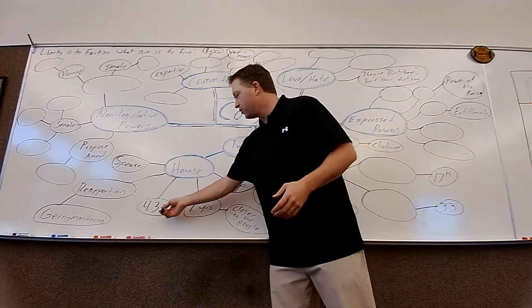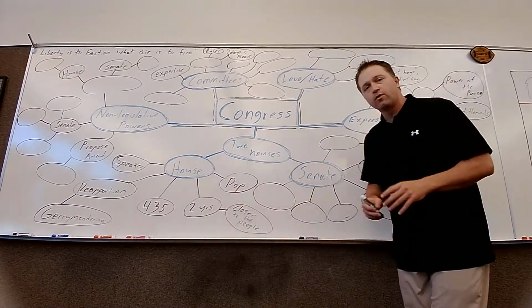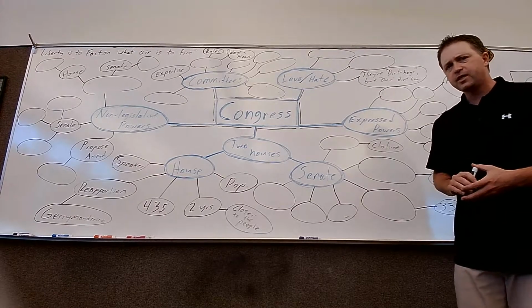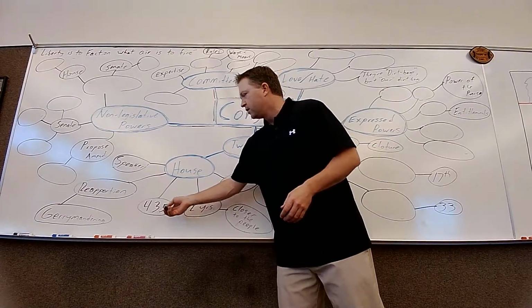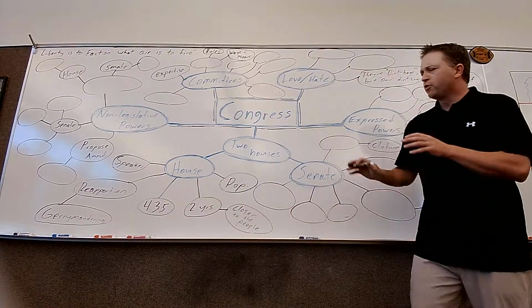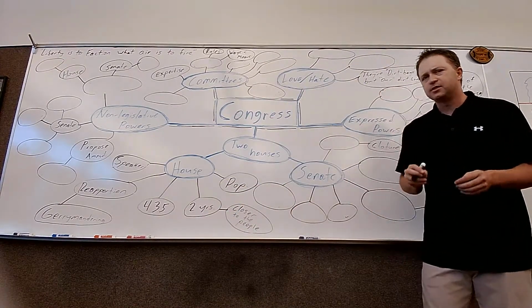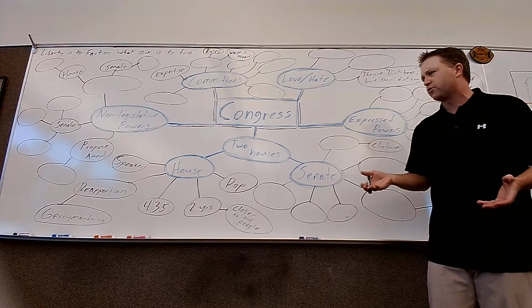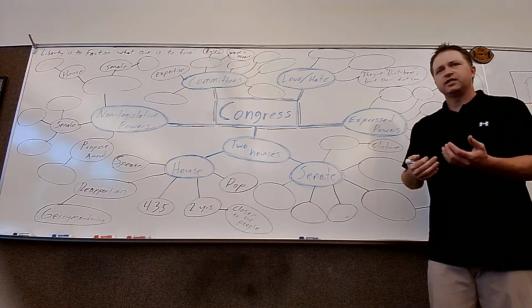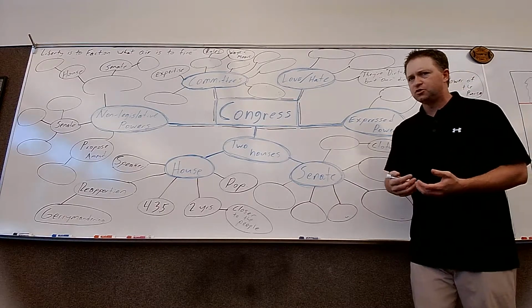The number 435 represents the number of districts in the United States currently. Now, this number can change. The Reapportionment Act of 1929 set the number 435 where it is today. And the reason it's at 435 is because it got to the point where the House was getting too big.